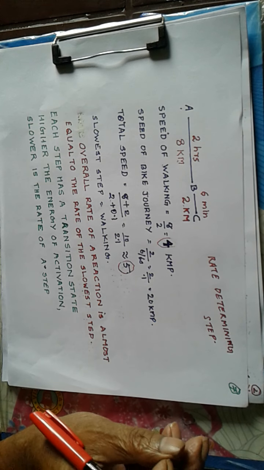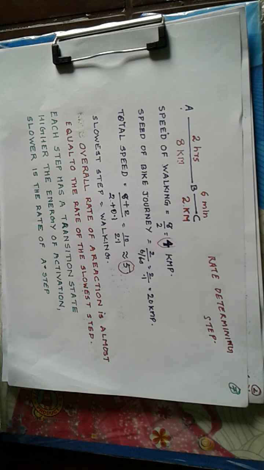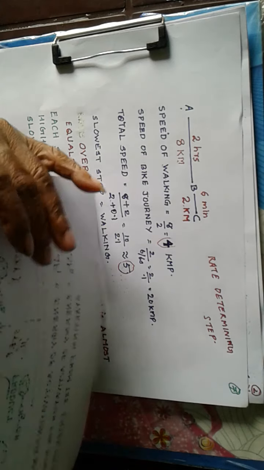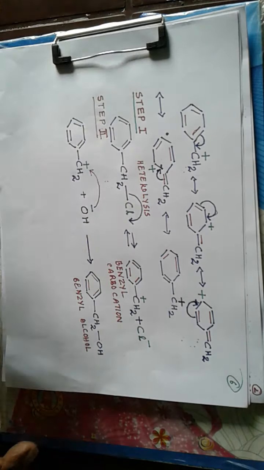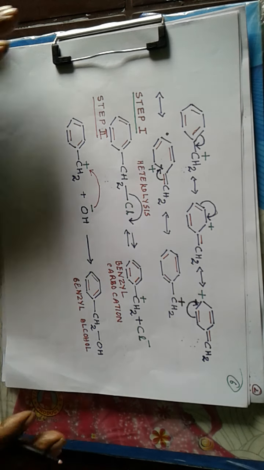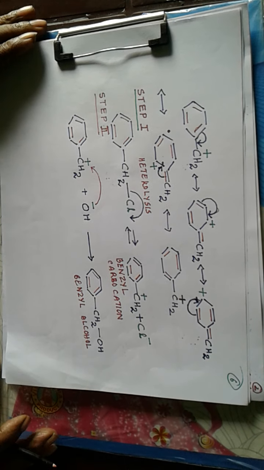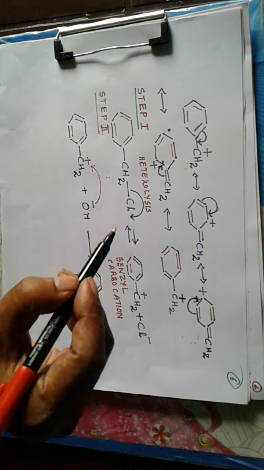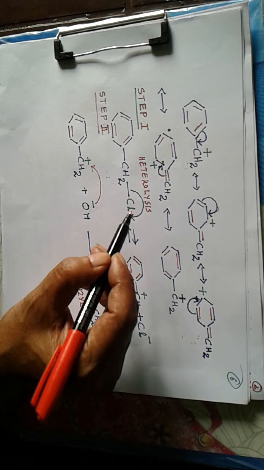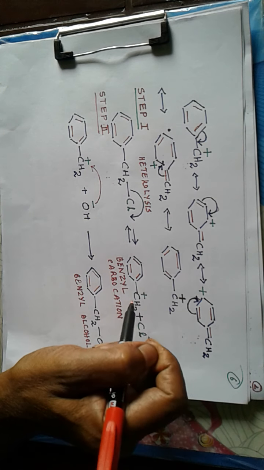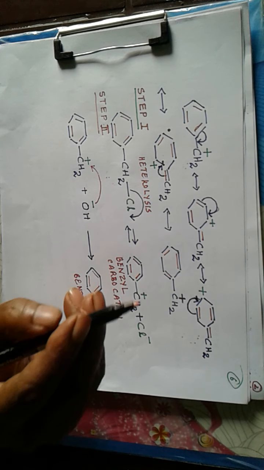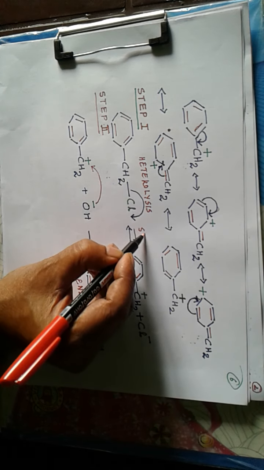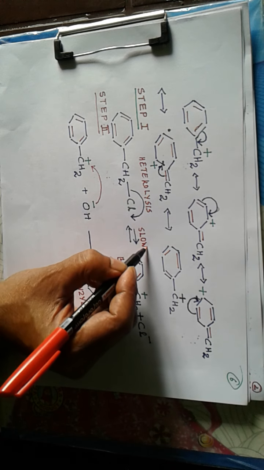The rate determining step of a reaction is the slowest step. When we consider the reaction of benzyl chloride with sodium hydroxide, the slowest step is the first step, which is the ionization of benzyl chloride giving a carbocation, because it has a higher free energy of activation, and so it is slow.